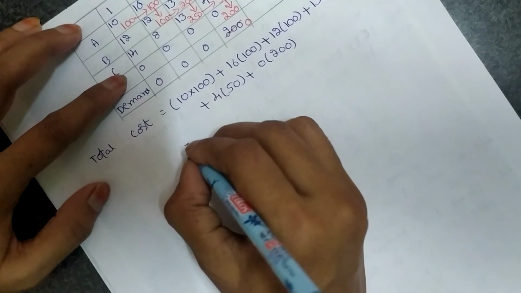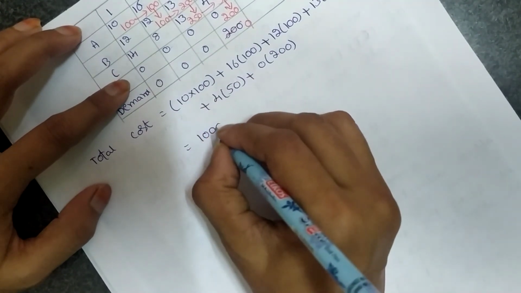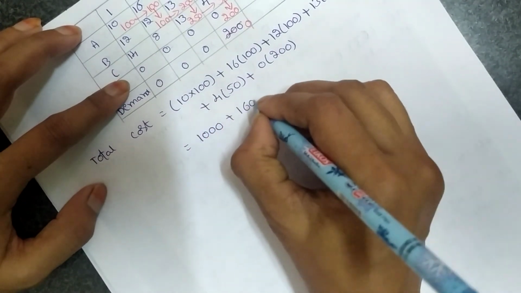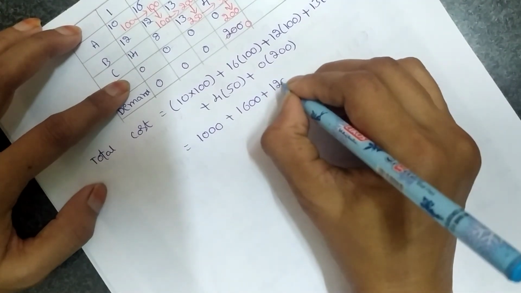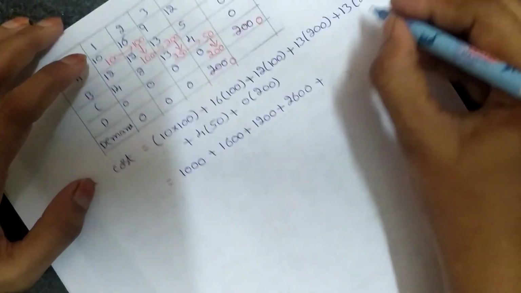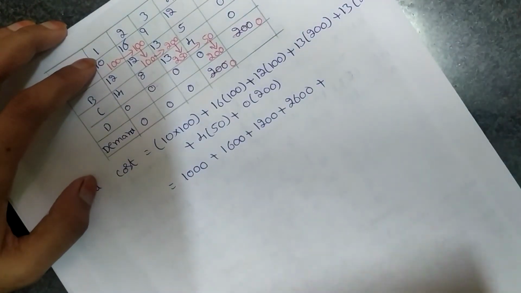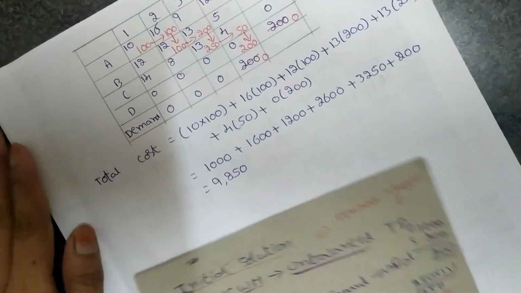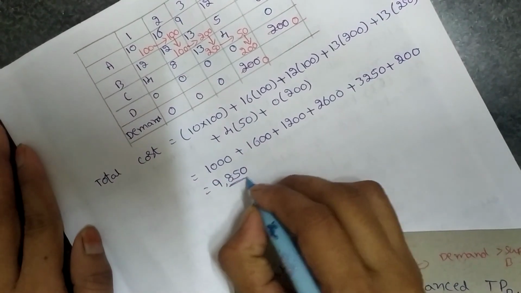Okay, this is equal to 1000 plus 1600 plus 1200, 2600 plus, and the total value will become 9850, and this will be the total cost.